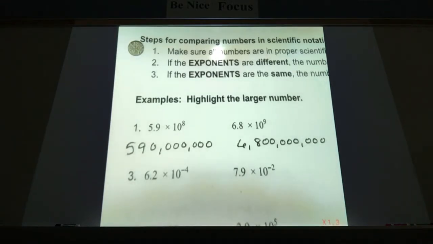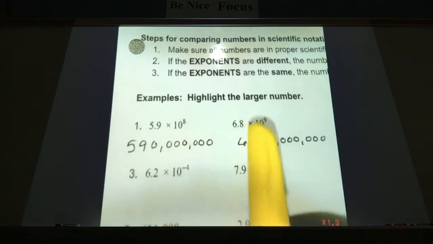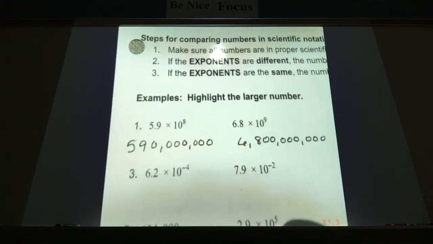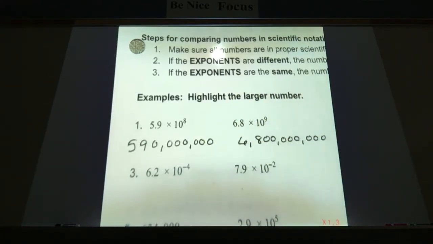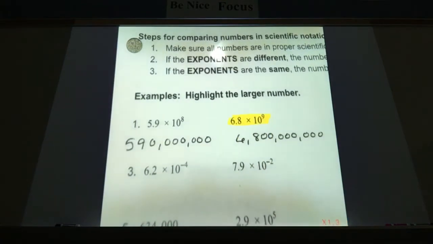To do it using a couple of little cheaty steps, we can look at the original numbers in scientific notation, and we can look at their exponents, and whichever exponent is larger is going to be our larger number.